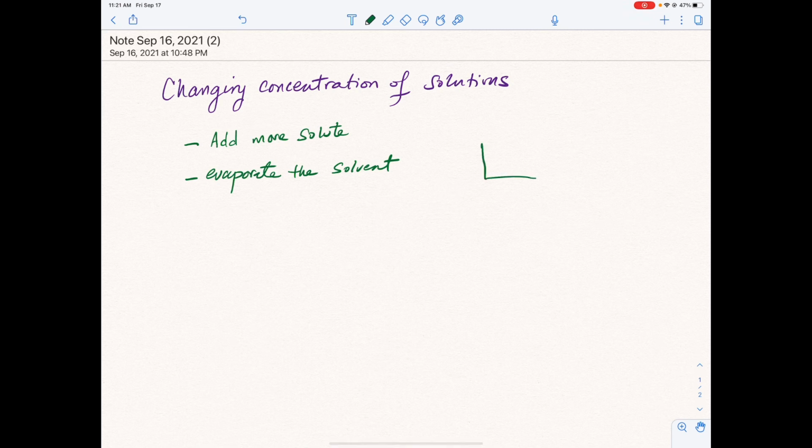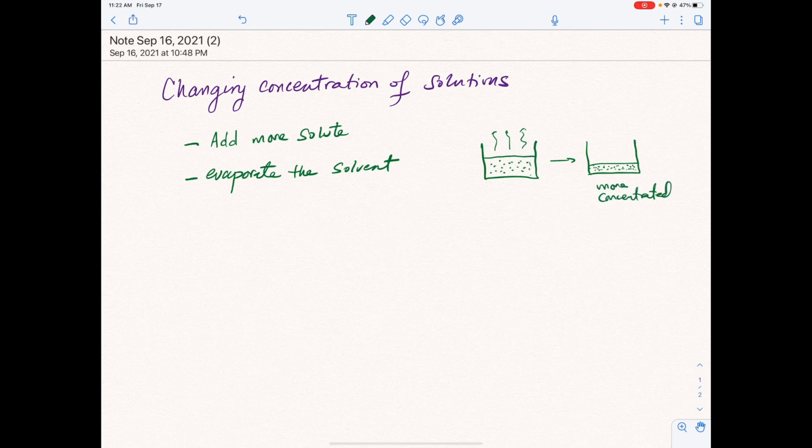So if you have a solution of certain concentration of salt, these tiny particles are salt particles or ions in the solution. And if you let this solvent evaporate, you are going to have, of course, less volume with the same amount of solute ions, particles in the solution. So this would be more concentrated.